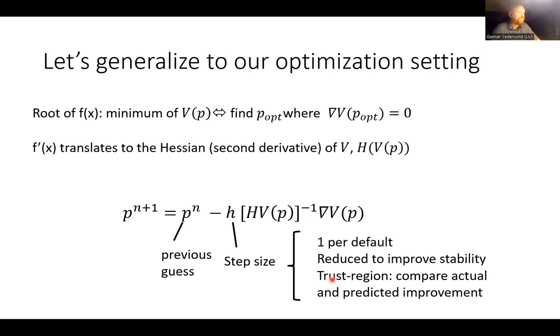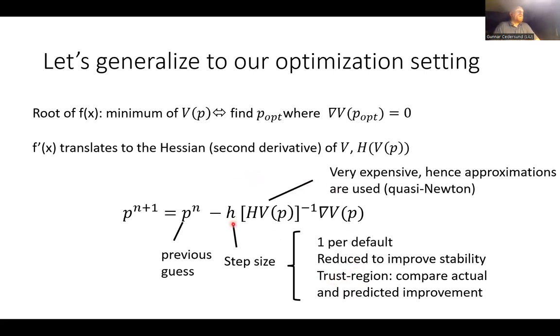So the final thing to say here is that this Hessian here is very expensive to calculate, because this is a matrix. And for each element in this matrix, you need to calculate the cost function again. So you need to do the perturbation of each pair of parameters. So each element in this matrix is a second derivative with respect to a pair of parameters.